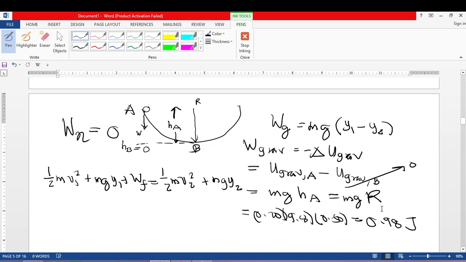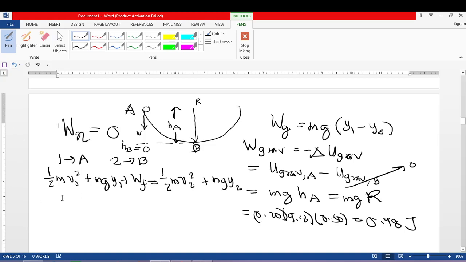Our initial point is point A and our final point is point B, so we replace 1 with A and 2 with B. Then we have to look at whether there is kinetic energy or potential energy at point A, and at point B. We have to evaluate what energy is present at that point.